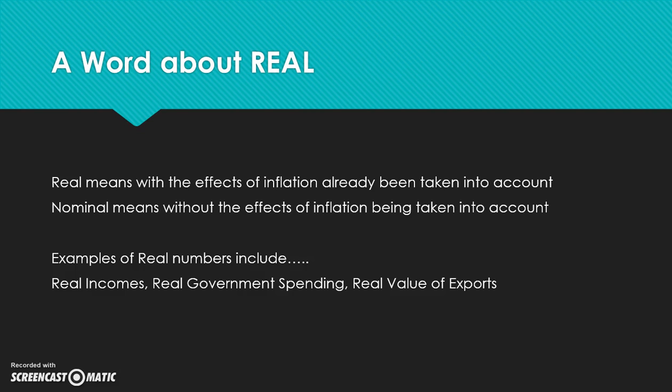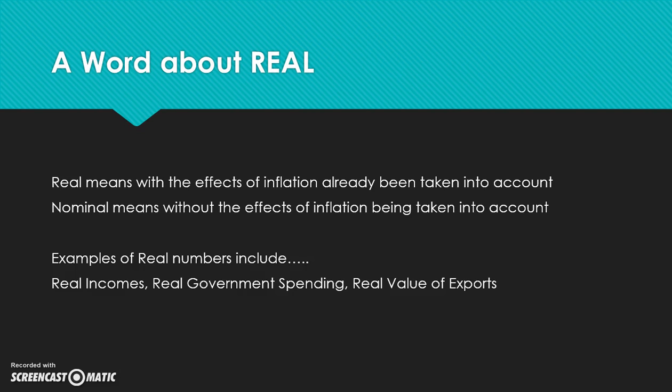I'll give you an example. If I say average real income in the UK has gone up by 6%, so that means that income after we've taken into account inflation has gone up by 6%. So that means on average, even with inflation, people are 6% richer. So that's good. If I say nominal income has gone up by 6%, well, that's very misleading, because we don't know what rate inflation might be.